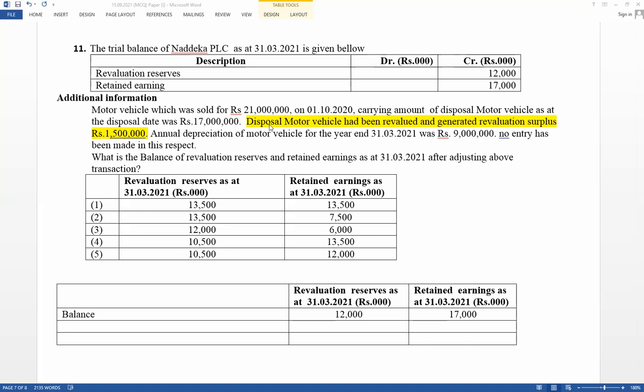Therefore, disposal profit, difference value 4,000. Disposal value 21,000, carrying amount equal 17,000. Therefore, can be recognized disposal profit. Disposal profit equal 21,000 minus 17,000. Disposal profit should be included in income statement. Therefore, it is prepared for retained earning columns.